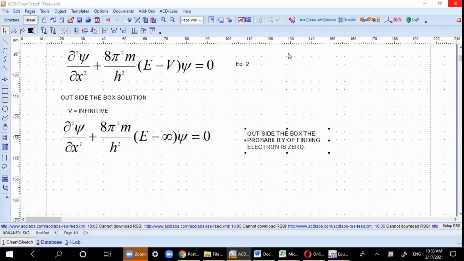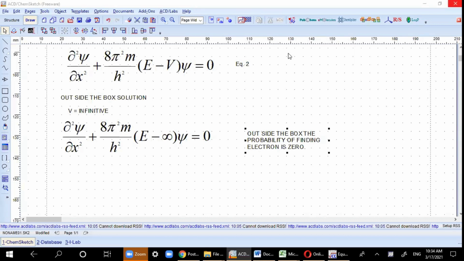Otherwise the entire universe would become a single electron, which is against our assumption. The wave function is finite and the wave function is continuous. If the wave function is infinite, the entire universe will become a single electron.